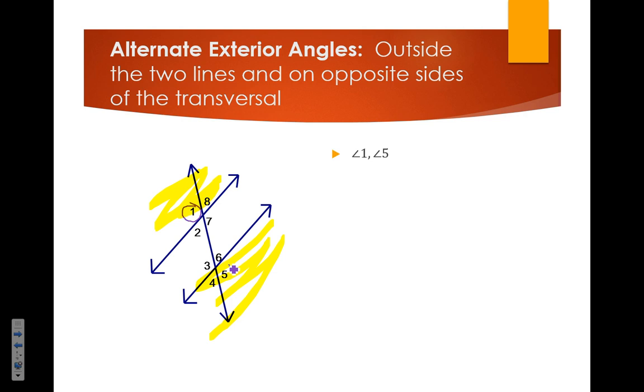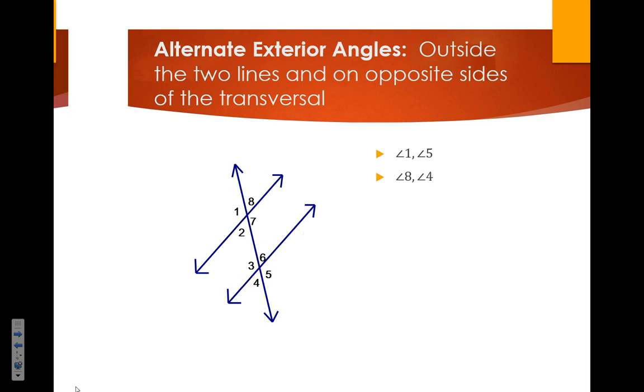They're both outside and they're on opposite sides of the transversal. Angles 8 and 4 are also outside and on opposite sides of the transversal. Those are the pairs that we have.